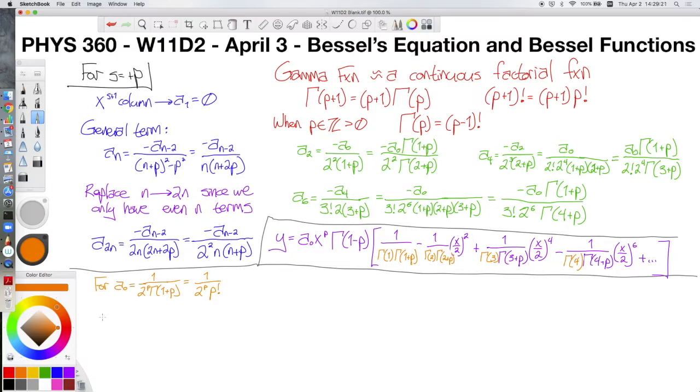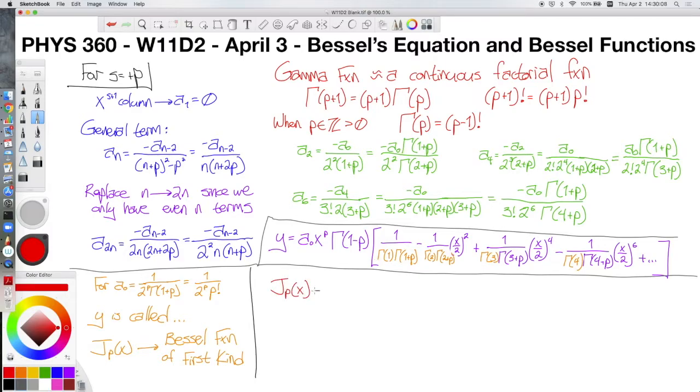When A0 has this specific value, our function y above is called a Bessel function of the first kind. So we can now write out the more general form of our solution here. And writing it out term by term, we get the following.